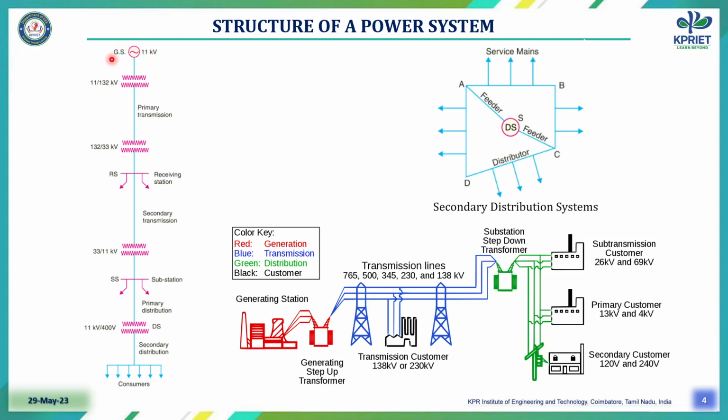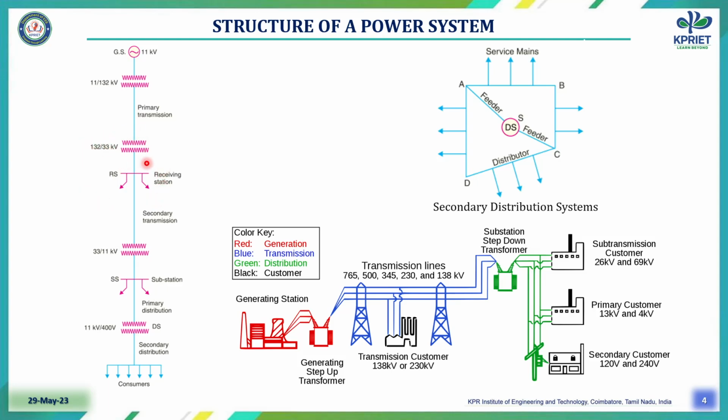After that, the generated voltage of 11 kV is stepped up to 132 kV for primary transmission, using a power transformer. The 11 kV generated is stepped up into 132 kV through primary transmission, and the power is transferred.